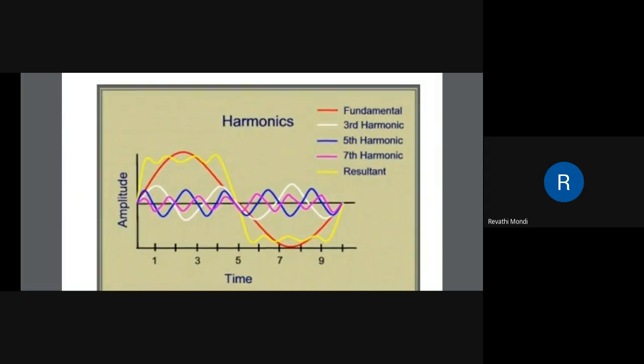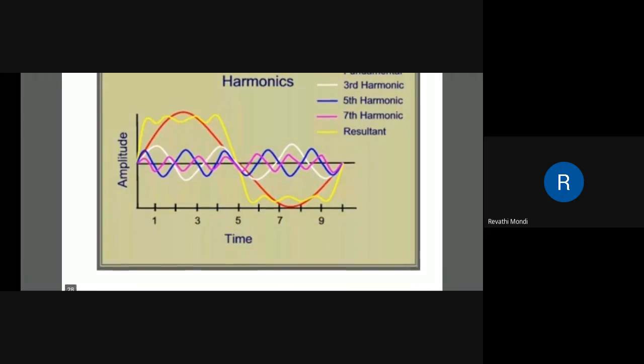Based on this wave analyzer, we have to observe the following graphs. All of you please see this graph. This is the wave analyzer graph. Students, please observe this graph for 2 seconds.